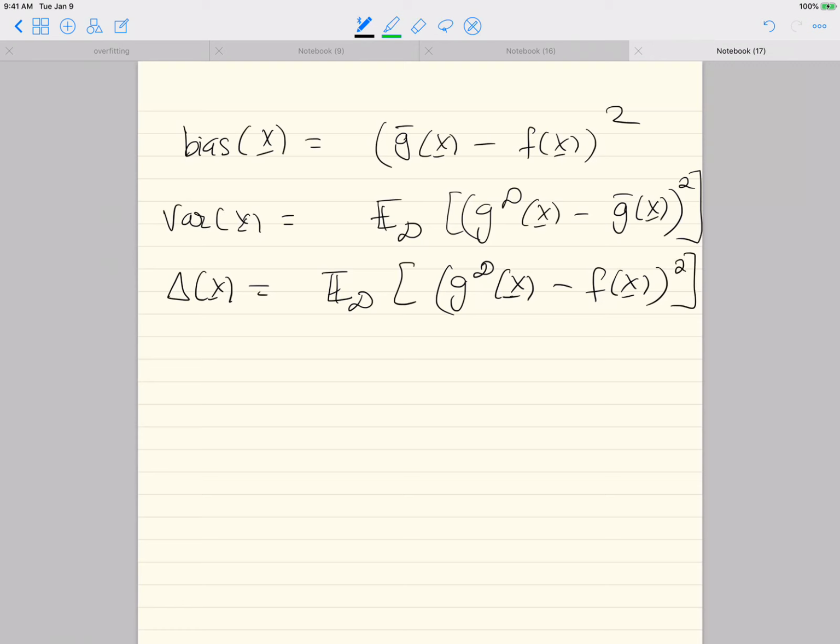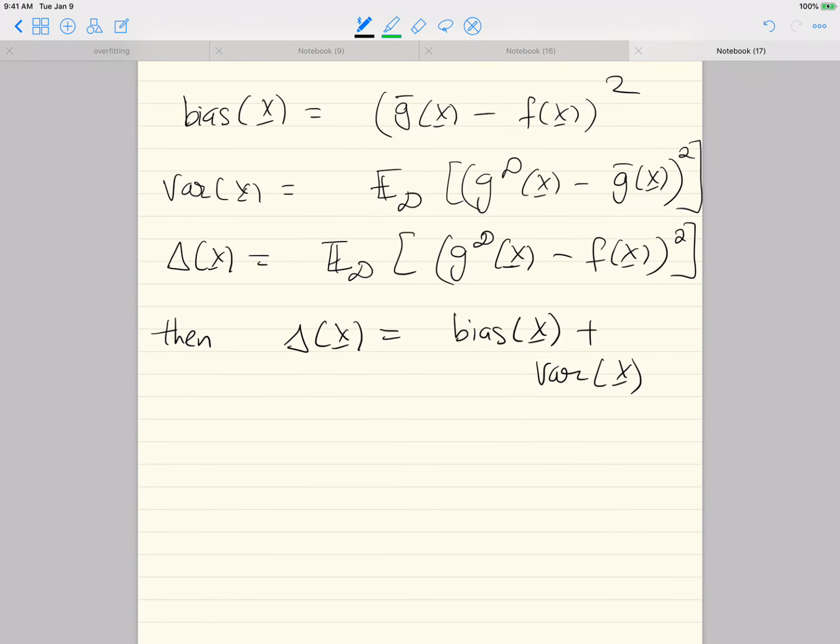These are the three quantities that we defined. Then delta of x is the bias of x plus the variance of x. This holds in general, not just for the example we have.